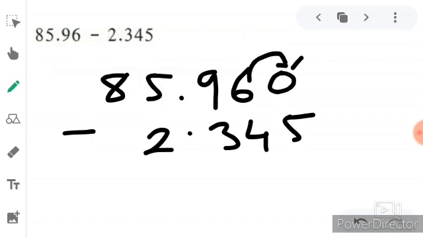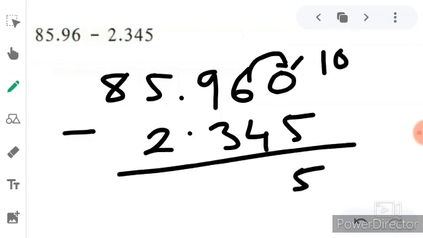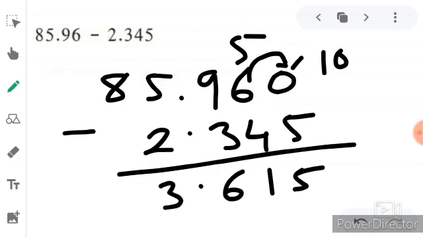So 0 becomes 10. 10 minus 5 is equal to 5 and here 5. 5 minus 4 is equal to 1. 9 minus 3 is equal to 6. Decimal point as it is. 8 minus 2 is equal to 6... 5 minus 2 is equal to 3 and 8 as it is. So students, I hope you will understand subtraction also better.